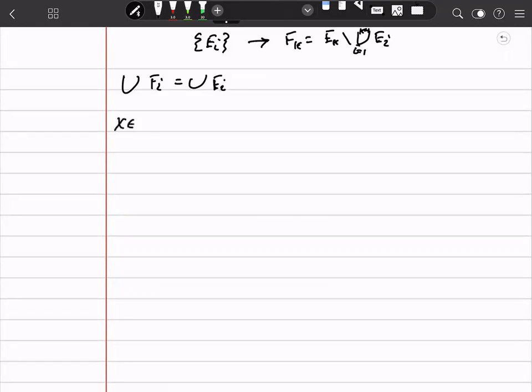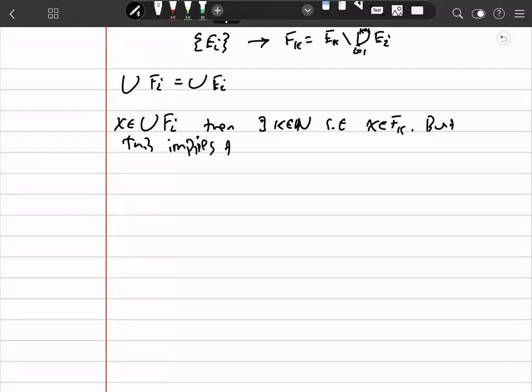So we'll show that they are. If x is in the union of F sub i, then there exists a k in N such that x is in F sub k, but this implies that x is in E sub k intersect the intersection from j equals 1 to k minus 1 of E sub j complement.